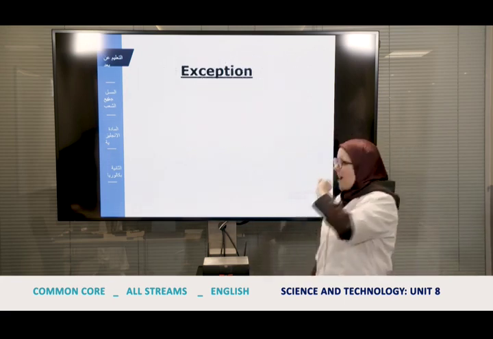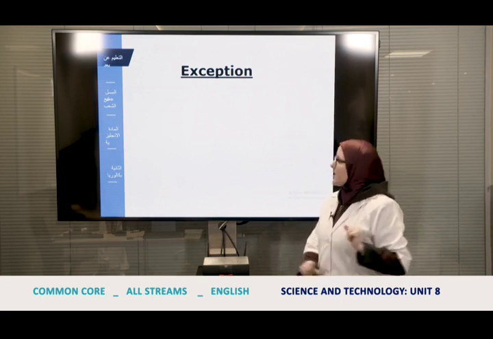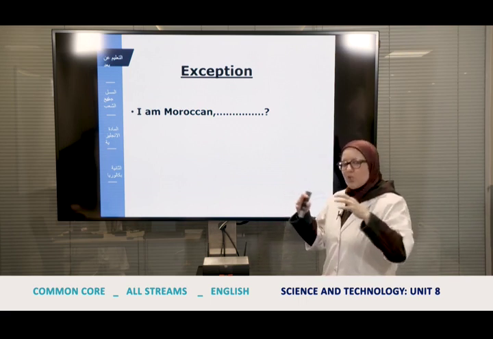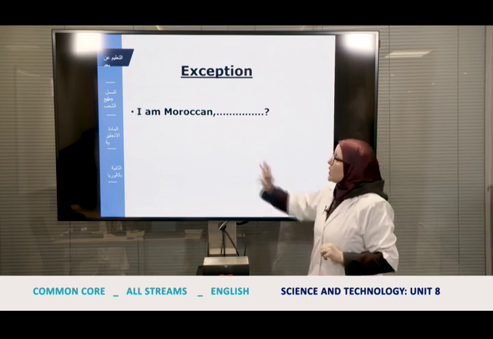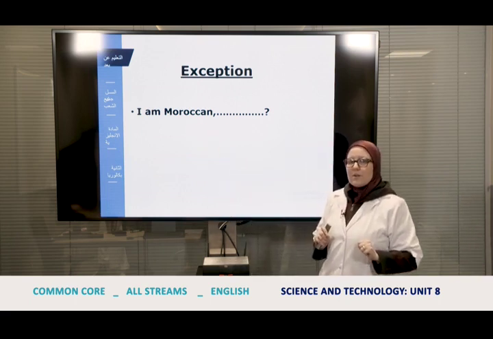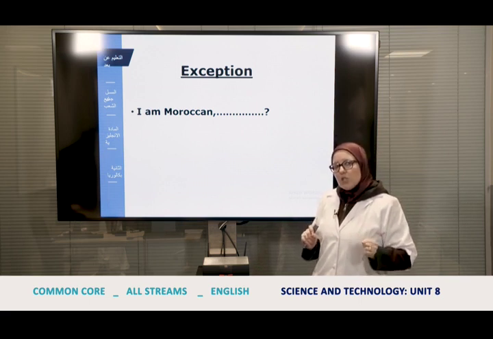Before the practice, we have an exceptional case. Normally speaking, we have a lot of exceptions, but the most important one is this one. I included only one in order not to overload you with a lot of information. So, I am Moroccan. What do you think the question tag would be here? Normally speaking, according to my explanation, you would say I'm not I, okay?